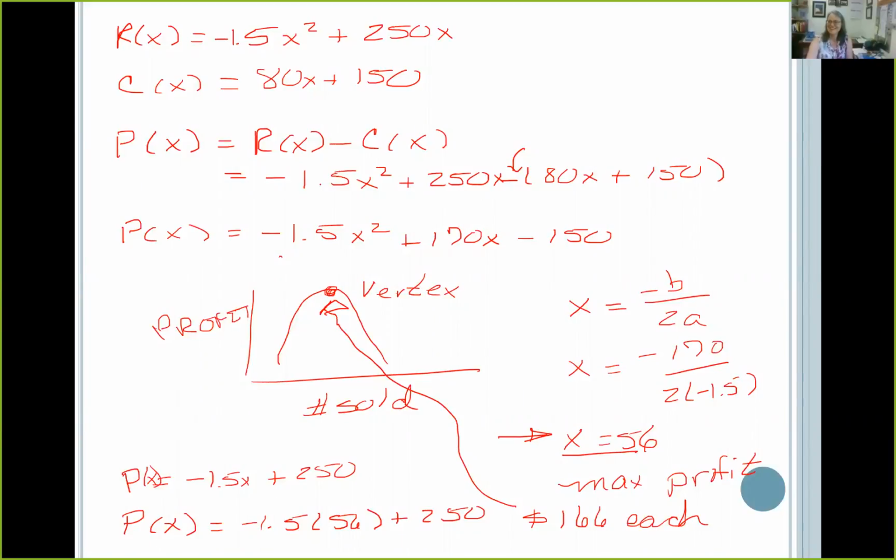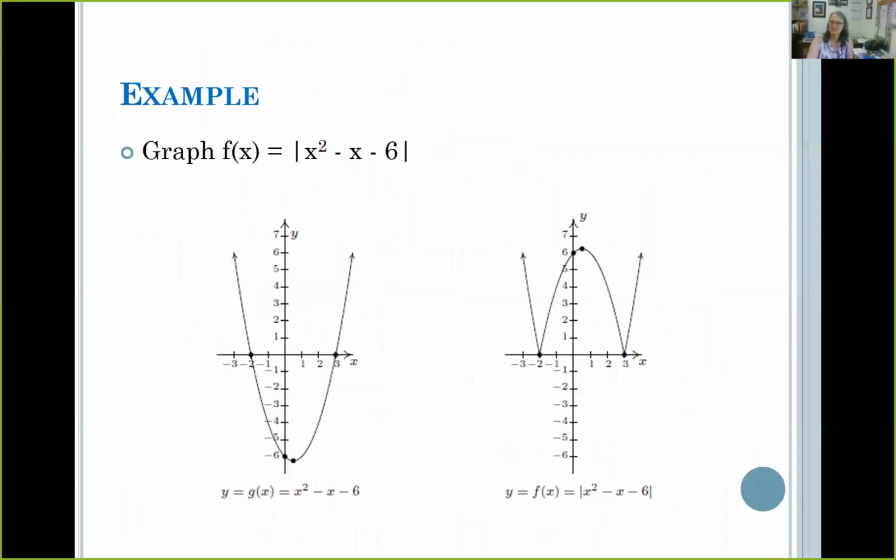Okay. Only one more slide here, which is this one. Let's take a look at the graph of x squared minus x minus 6. This parabola represents just the inside, the x squared minus x minus 6. But look here, we've got a composition of functions.